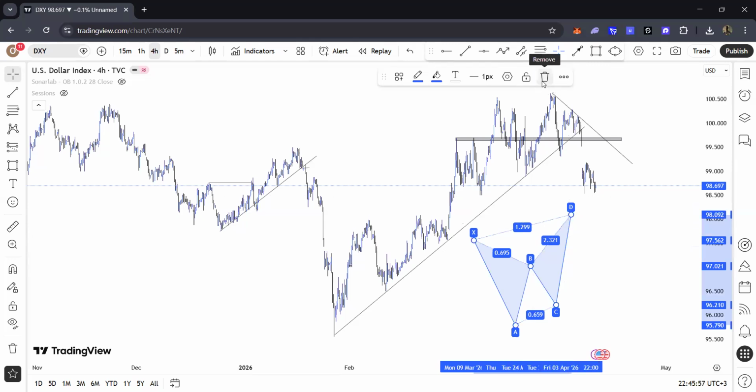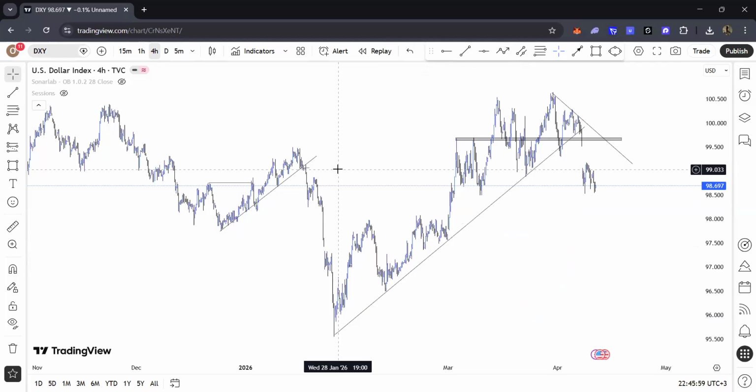That's for you, man. That's how it works. You may find a Butterfly has different math, a Crab has different mathematics for the fibs. Those Fibonacci points change the names, but it does work.